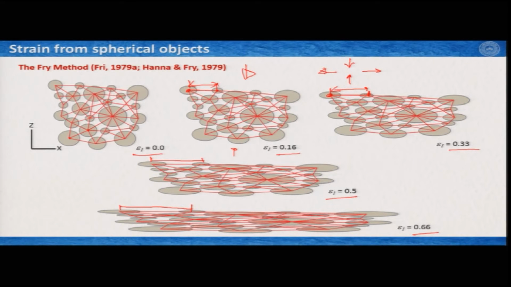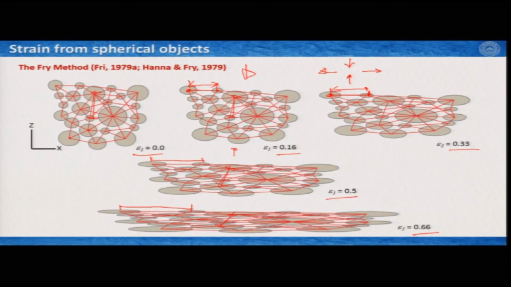If we see the vertical distances, for example, if we consider this distance, it is also decreasing with progressive deformation, and that is the principle of the Fry method: in the horizontal direction all the centers would move horizontally and tend to stretch. So, based on this, now we will learn how to work with the Fry method to get your strain analysis. Here the techniques are described.